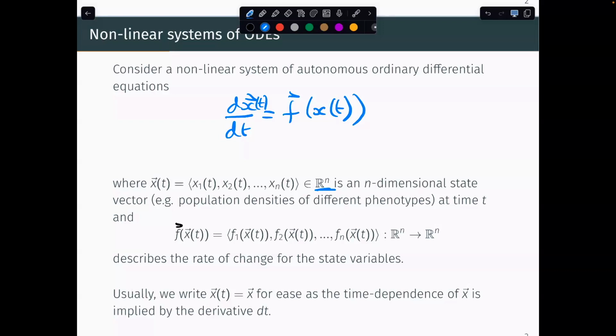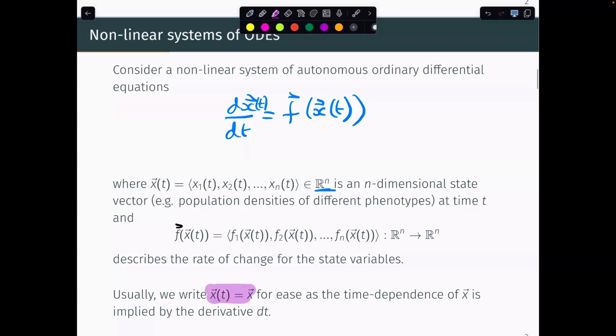So f describes the rate of change for our state variables. I'm missing a little vector notation on that. And typically, when we're writing these systems down, we drop the time dependence t. We just write x, just because the time dependence is already implicit in the fact that we're taking a derivative with respect to time.